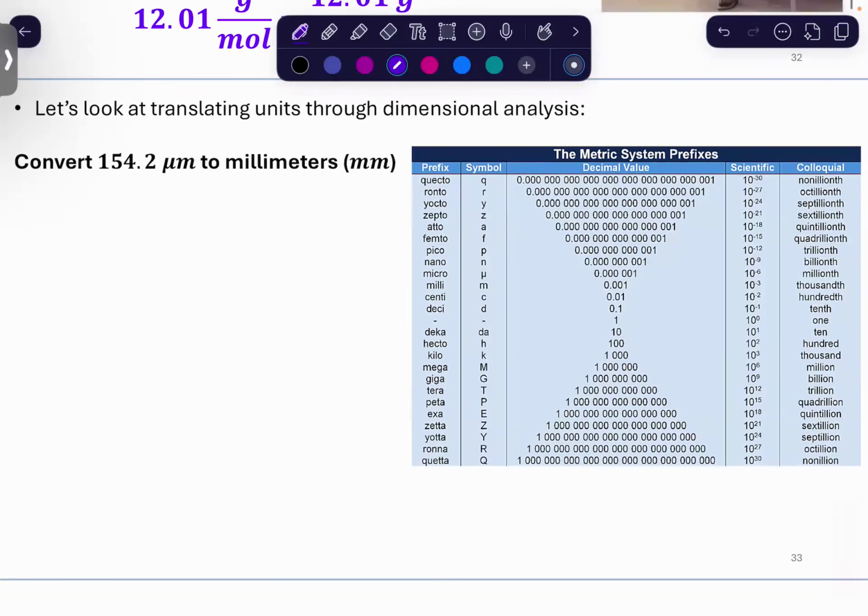So let's look at translating certain units. Okay, so convert 154.2. Now remember your mu here, that Greek letter mu, that's micro. 154.2 micrometers to millimeters.